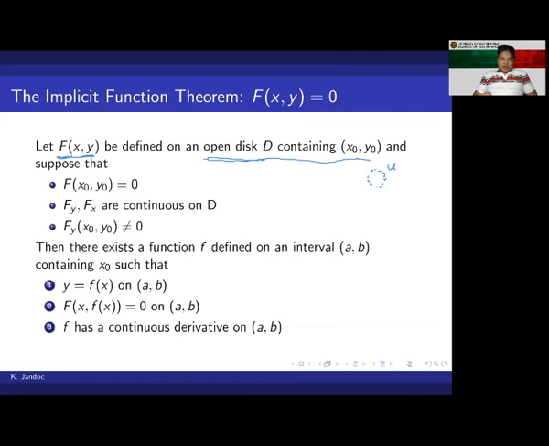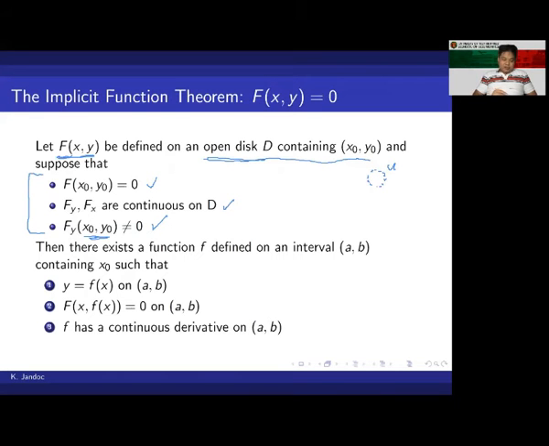If the implicit function is defined on an open neighborhood containing the point (x0, y0), and these three conditions are satisfied: f at (x0, y0) is equal to 0, so when you plug in (x0, y0), the implicit function is equal to 0; the derivatives fy and fx are continuous on that neighborhood D; and more importantly, fy, the derivative of the implicit function with respect to y, is not equal to 0 evaluated at the point (x0, y0).